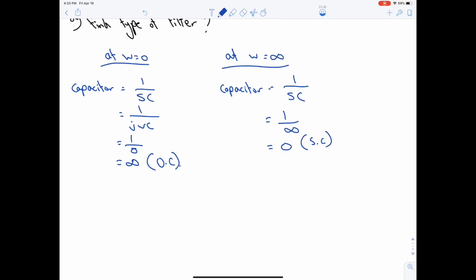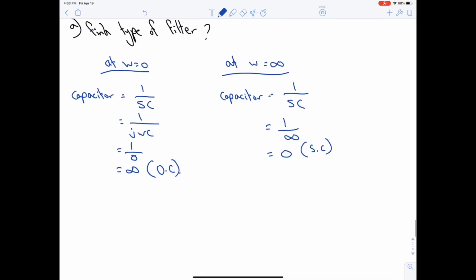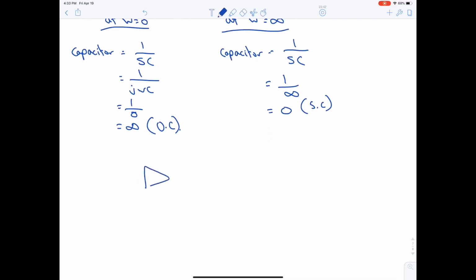Let's redraw the amplifier. Negative, positive, grounded, R1. The capacitor here is an open circuit, right? R1 and V input. This is R2.